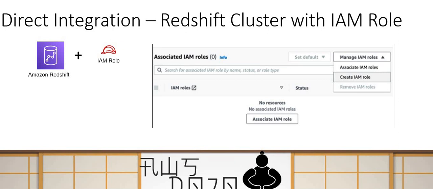You launch an Amazon Redshift cluster associated with this IAM role. And as I said earlier, if you have this Redshift cluster already up and running, you simply need to create the role and associate that role over here with the Redshift cluster. And by virtue of that, the Redshift cluster now has permission to talk to the Kinesis data stream.